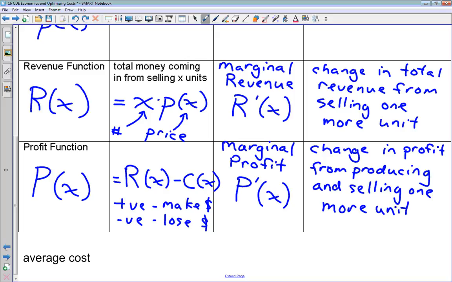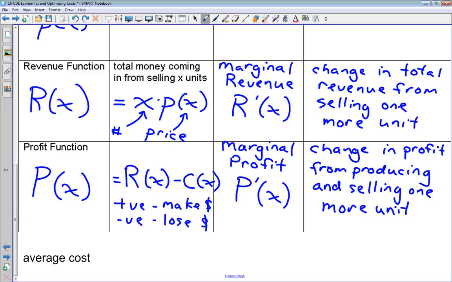So your marginal profit takes into account changes in both your cost function and your revenue function to predict how your overall profit is going to be affected by both your cost of production and the changing price.